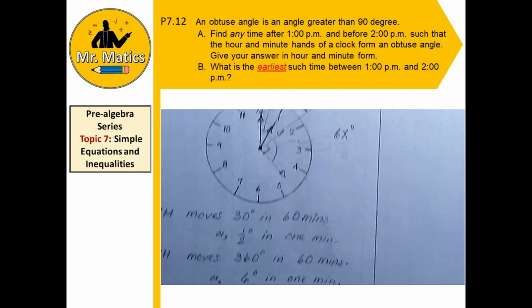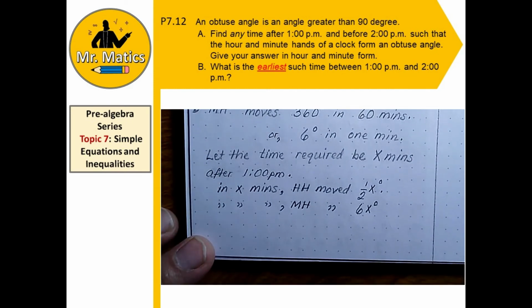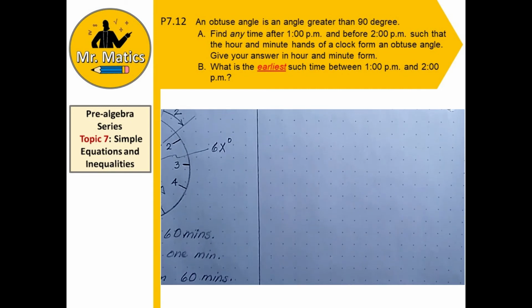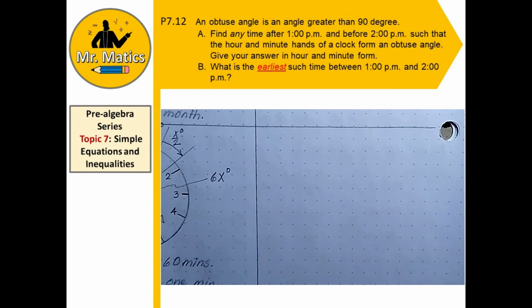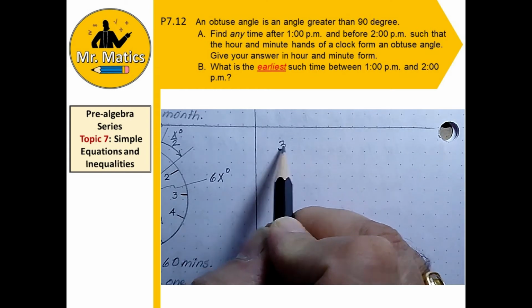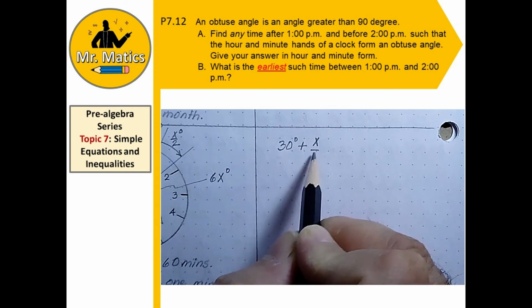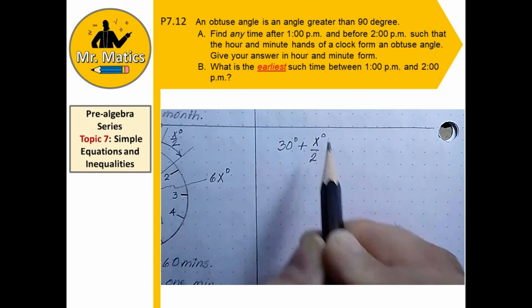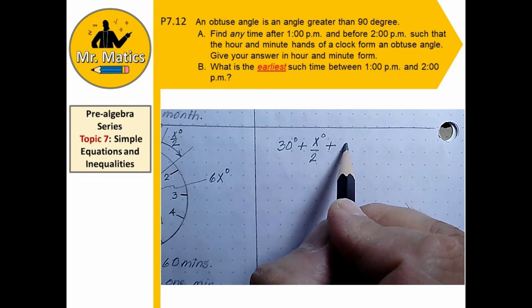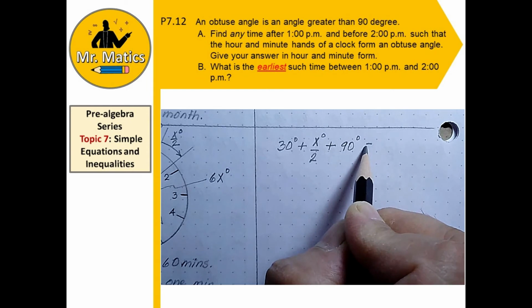Okay, so let's write 30 degrees plus x by 2 degrees plus 90 degrees equals 6x.